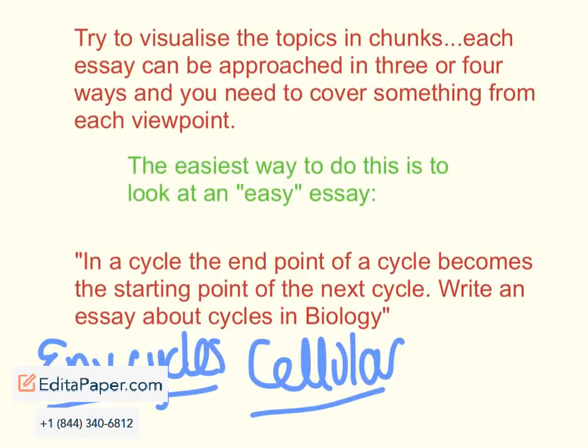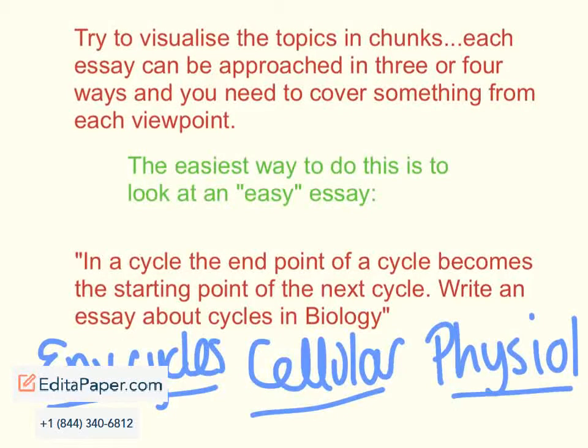And finally, you've got cycles that we describe as physiological cycles, cycles that take place within the body, but not on a cellular level. So you've got the menstrual cycle, the cardiac cycle, the ventilation cycle. Any of those you could talk about as your third chunk.